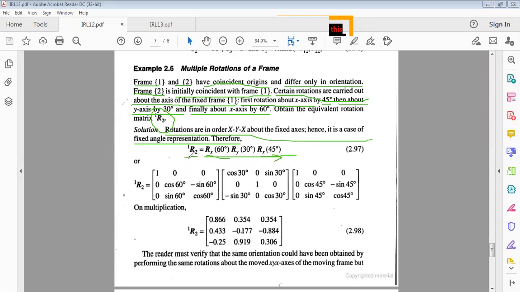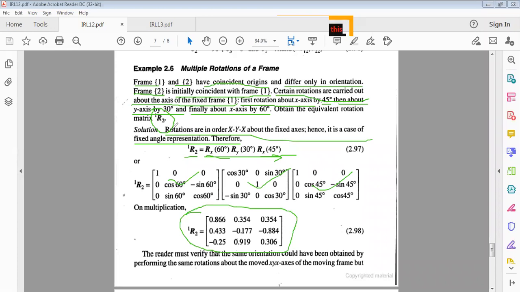So this is the matrix about the x-axis by 60 degrees, this is the matrix about the y-axis by 30 degrees, and this is the matrix about the x-axis. After multiplying these three matrices, we get the overall rotation matrix.